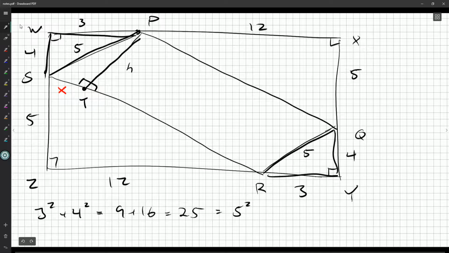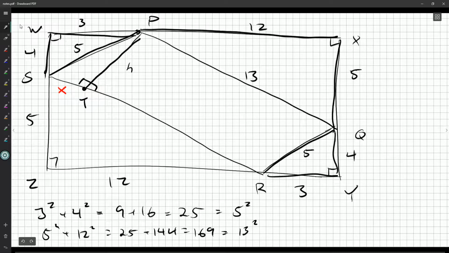We can use the Pythagorean theorem again, 5 squared and 12 squared. And if you need to, you grab your calculator to work these out. I've seen these countless times. So I know that PQ, the hypotenuse of PXQ, that right angle triangle, must be 13.